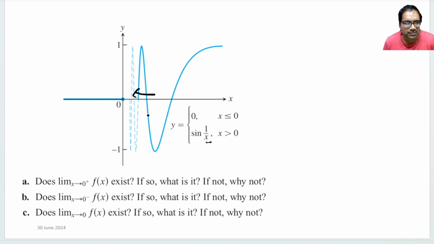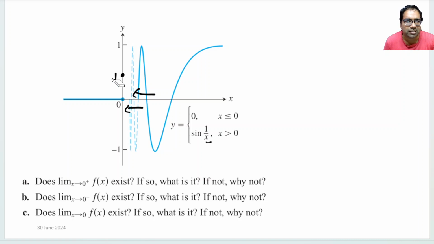Now here we can see, does the limit x tends to 0 plus of f of x exist? 0 plus means we are approaching from the right. No, there is no limit, because we can't point out any single value. If you say this is the limit, then as we discussed earlier, we should be able to restrict the function.